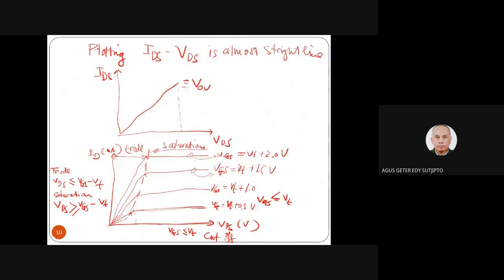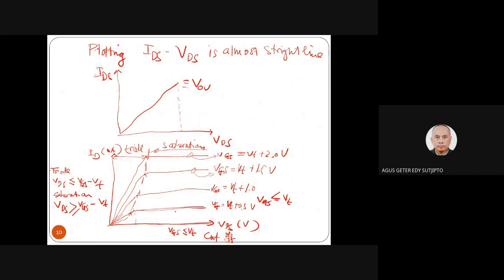So if we have a VGS the same as the threshold voltage, or VGS less than the threshold voltage, the current ID is 0.